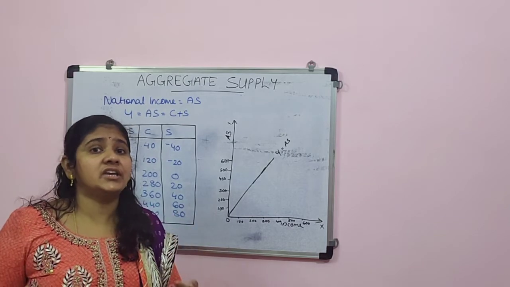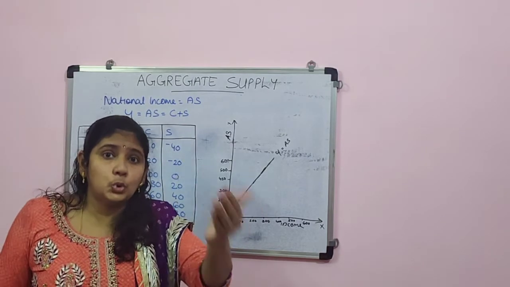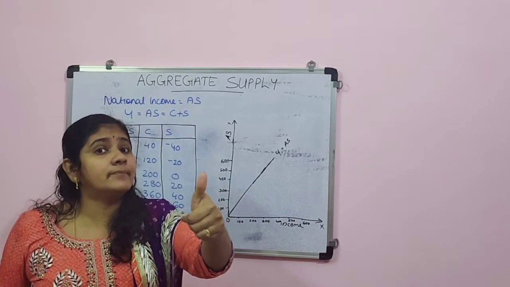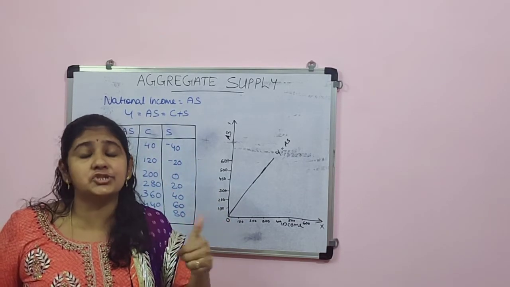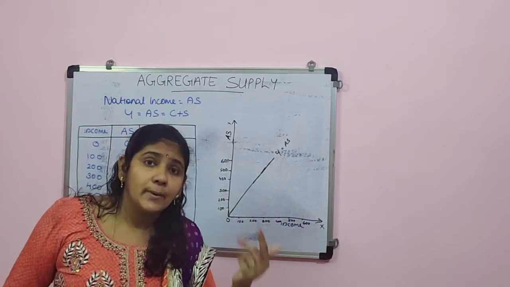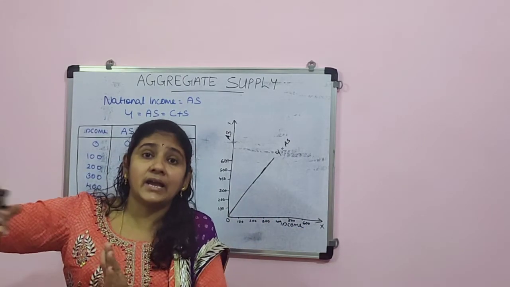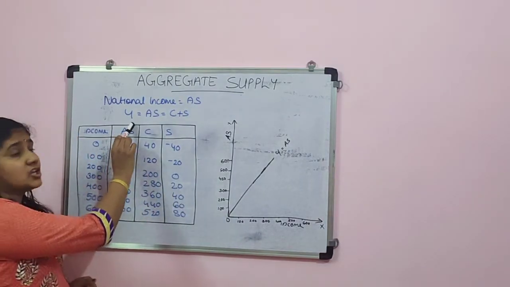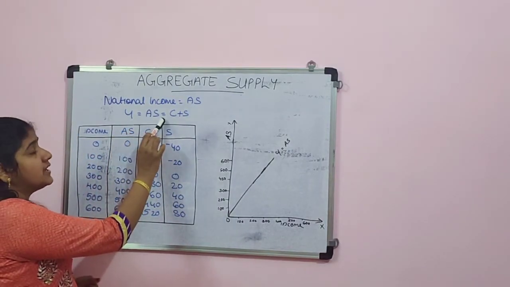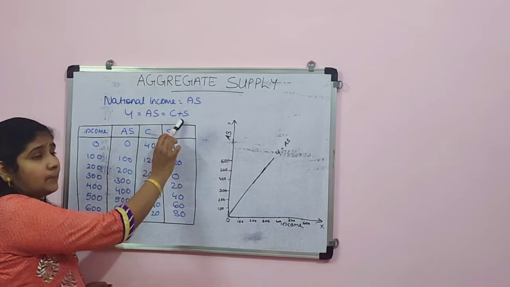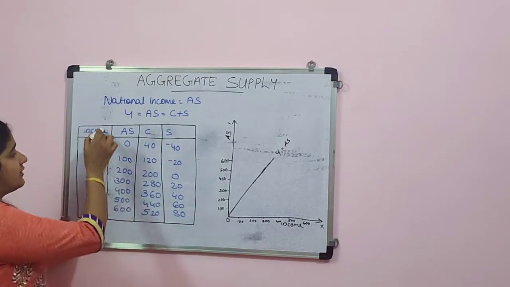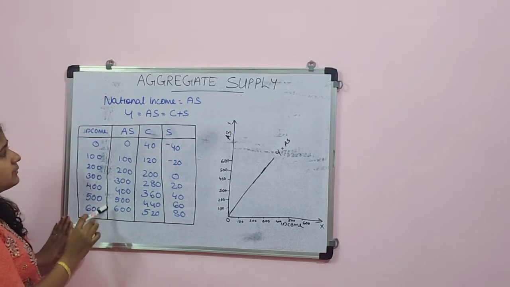So the income will be distributed into two parts. A part of the income is consumption, and another part, the remaining part, will be saved. So income is equal to aggregate supply, which is equal to consumption plus saving, C plus S. So here I have presented this in the form of a table.